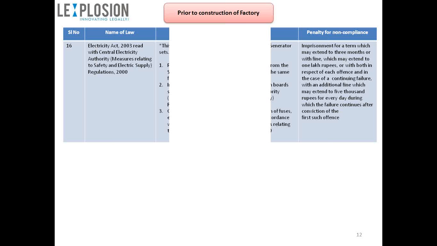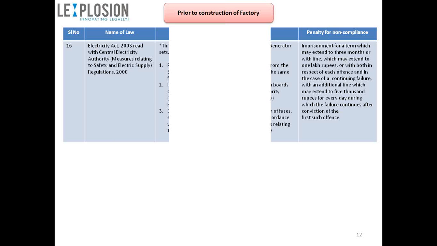You have certain compliances under the Electricity Act, the Central Electricity Authority measures relating to safety and electric supply regulations. This compliance is applicable if you install a diesel generator set. It requires that you obtain the power allocation sanction from the State Electricity Board, and a copy of the same should be forwarded to the Chief Electrical Inspector.